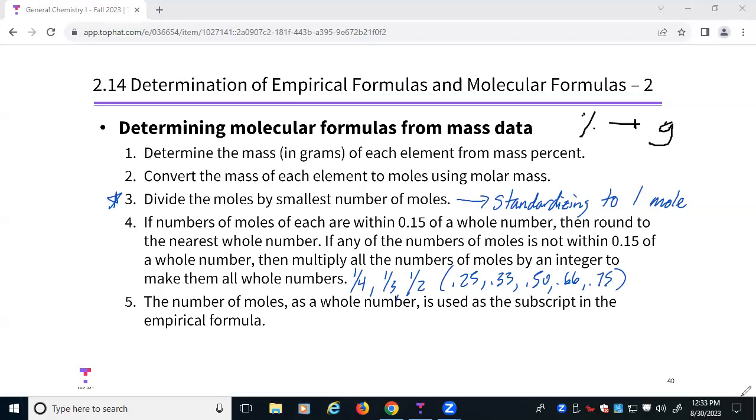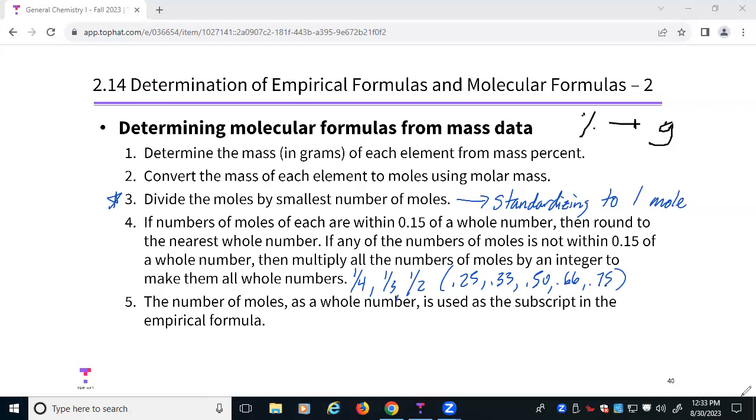But what that also means is that if I end up getting a ratio of 1.74 to 1, I'm going to round that up to 2. Even though that's outside of the guidelines given here, I'm going to do that for our example work because our example work isn't as book tidy as a problem out of a textbook.